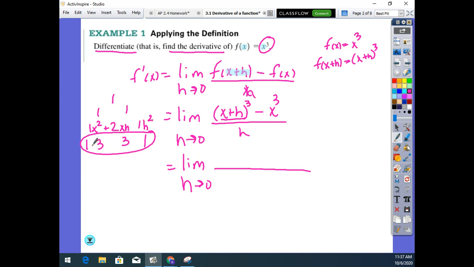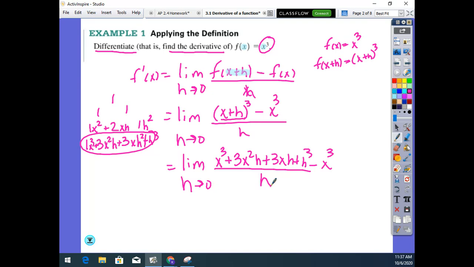So when we're raising it to the third, it's x to the third plus 3x squared h plus 3x h squared plus h to the third. We're just using Pascal's triangle to save us a lot of time and effort. If you need to take the time to multiply all three out, you can absolutely do that. I would say this is the smartest way to do it.